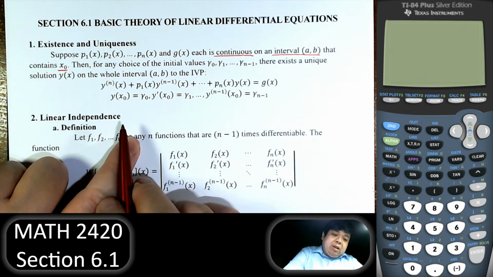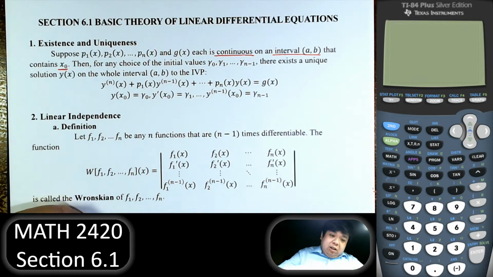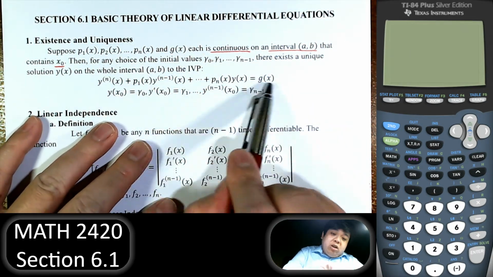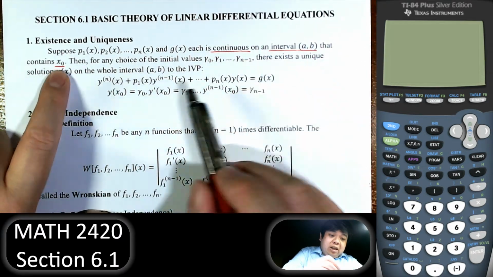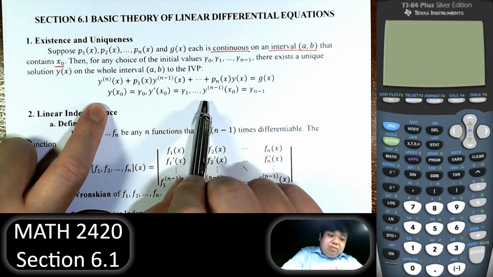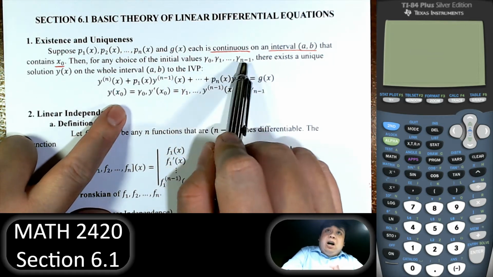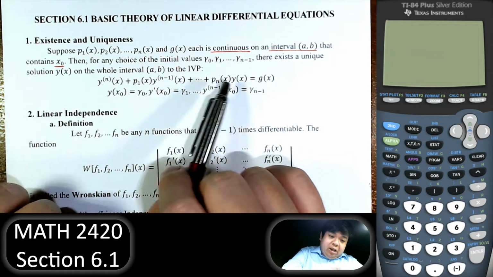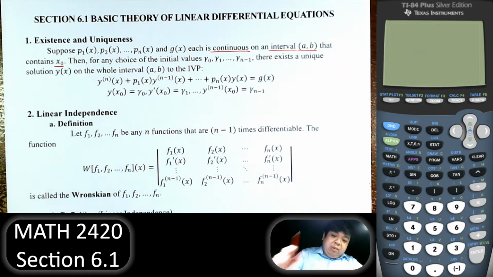That is the existence and uniqueness. We just need all the coefficient functions and the input function continuous on the interval containing the initial point. In that case, it doesn't matter what choice we make for the initial condition. The solution exists and is unique.